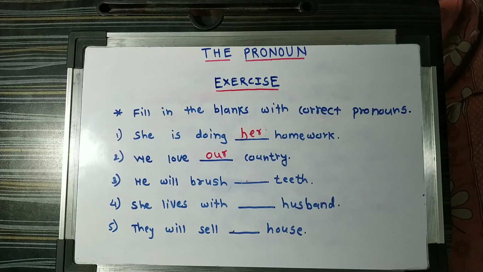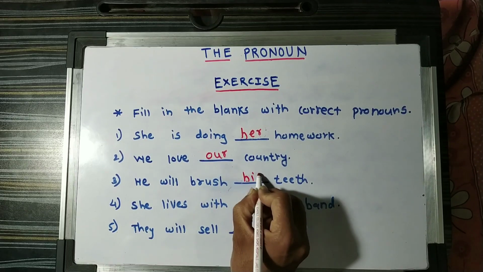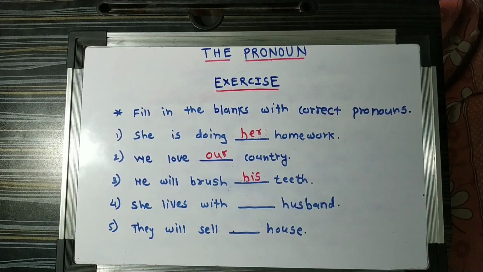Next one. He will brush dash teeth. Are you coming close to the answer? He will brush his teeth. His is the correct answer. Fourth one. She lives with dash husband. Try to guess the answer.